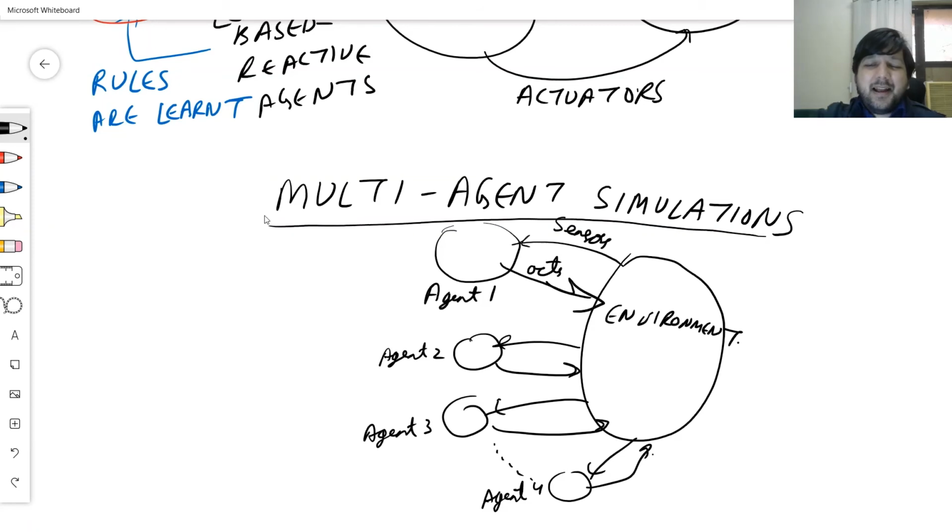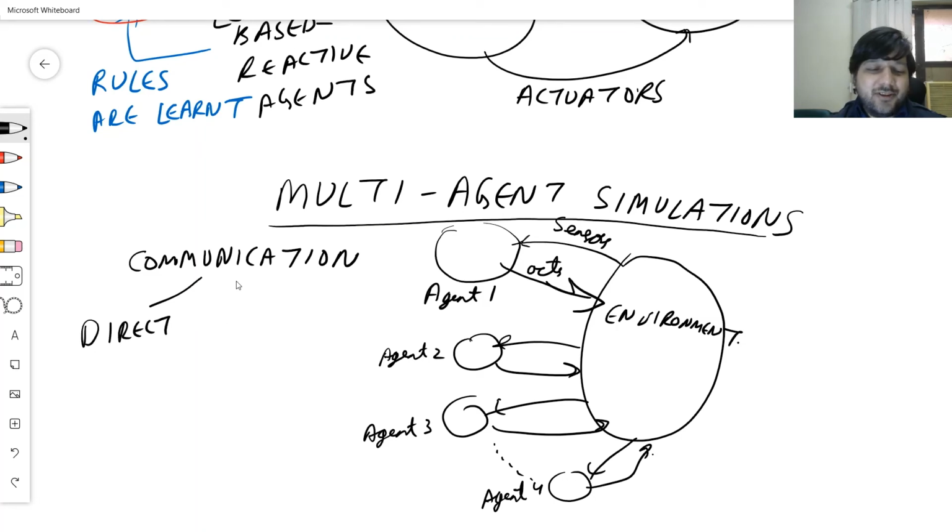However, there are a few things that will be of our interest. When we talk about multi-agent simulations, first, they differ with respect to communication. Sometimes the agents have a direct communication with each other, and sometimes they have an indirect communication with each other.